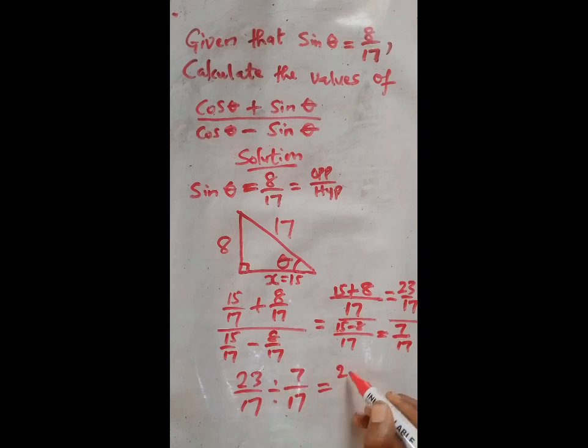That will give you 23 over 17 times 17 over 7. 17 cancels 17. So the solution will now be 23 over 7.